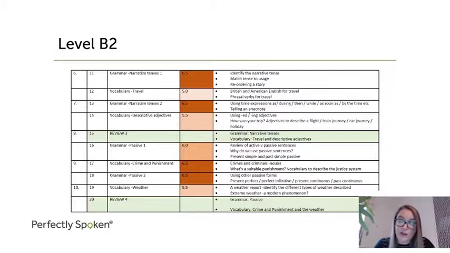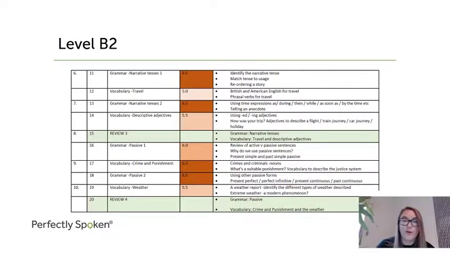So at this level, you will have already assimilated a lot of phrasal verbs, but we will be pushing this and increasing your knowledge. The second vocabulary lesson in this section is thinking about descriptive adjectives. And by this, I mean when you want to describe a flight, a train journey, a car journey, or a holiday.